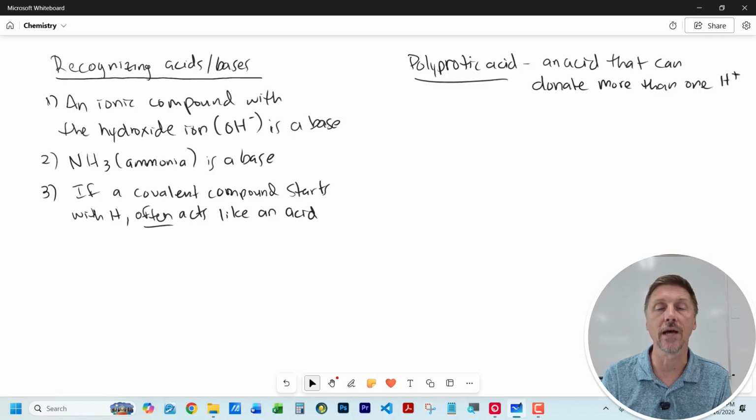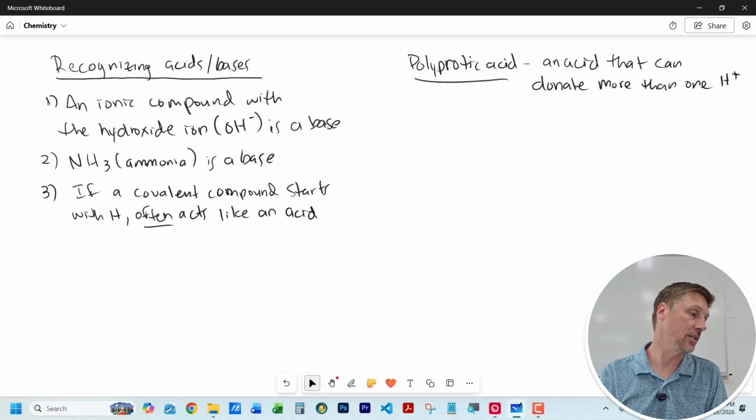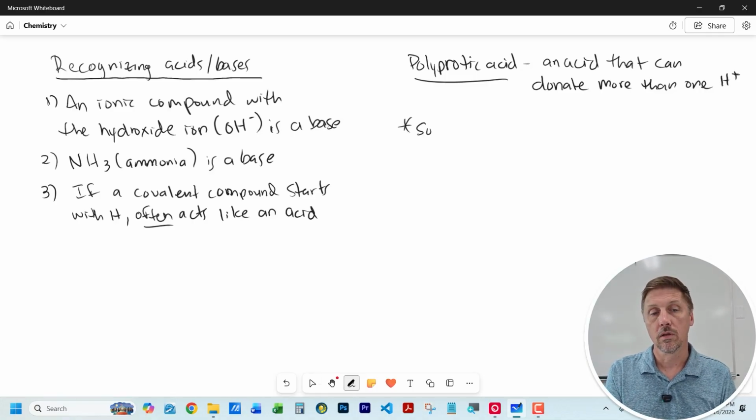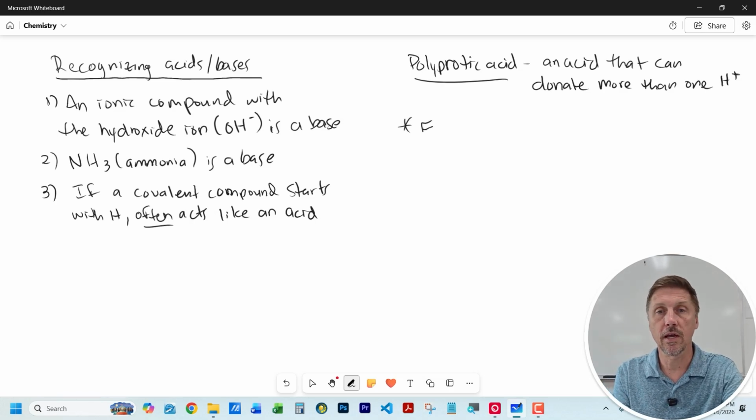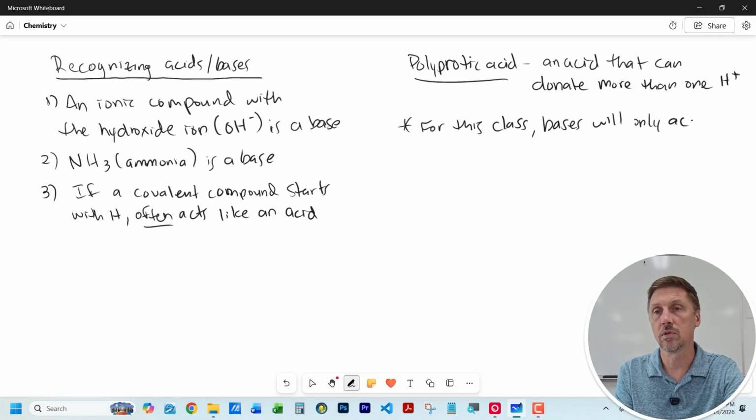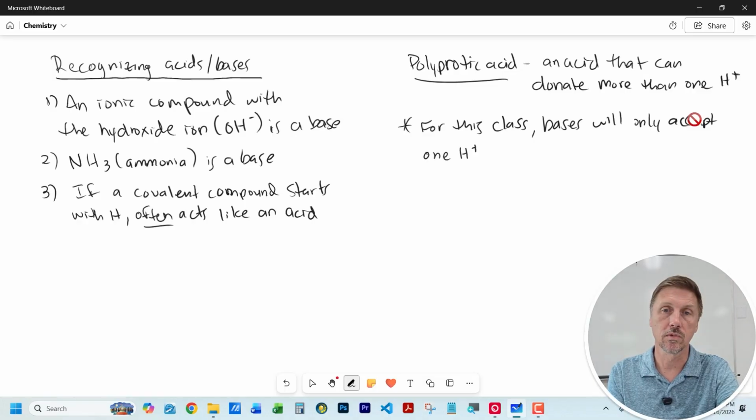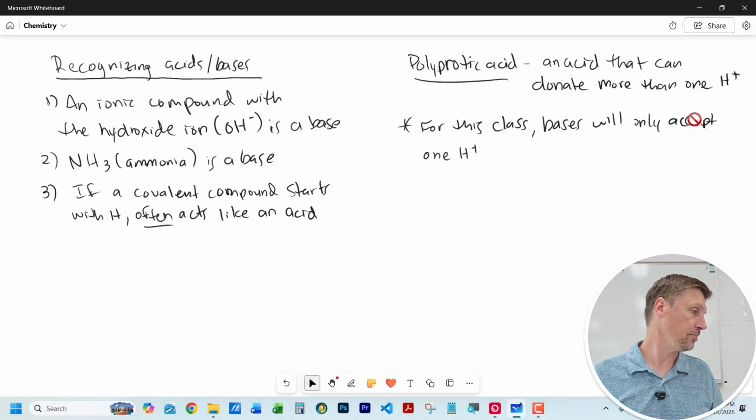However, for this class, you can assume that our bases will only accept one H plus. So that'll make things a little bit simpler.